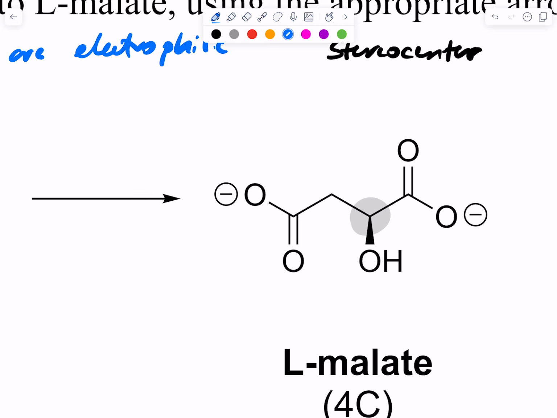We could assign stereochemistry at that carbon. Go ahead and do it. See if you can do it on the fly. You haven't reviewed it. See if it's still up there in your head. I want the R versus S configuration of that stereocenter. No fair flipping a coin.